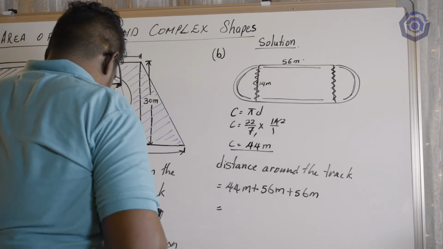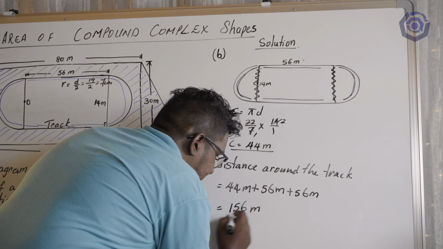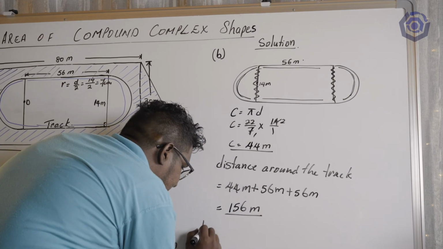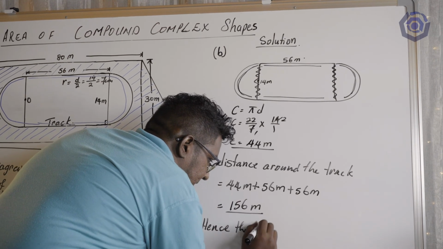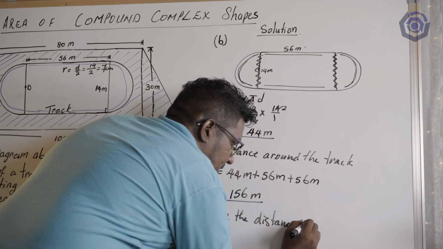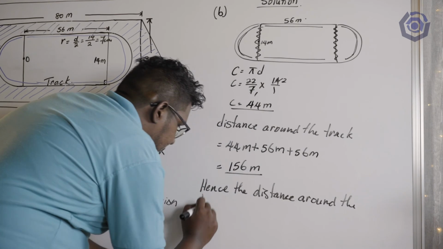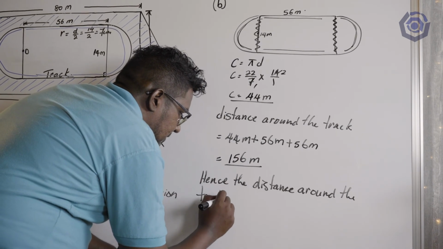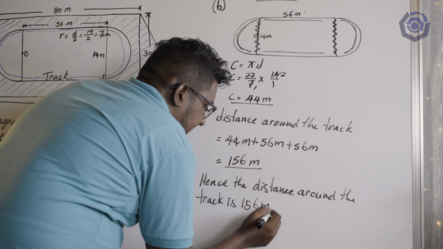And that would be equal to 156 meters. Hence, the distance around the track is 156 meters.